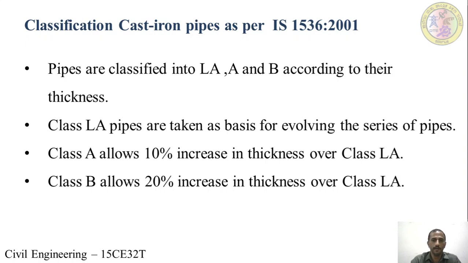Class A allows 10% increase in thickness over class LA, whereas class B allows 20% increase in thickness over class LA.